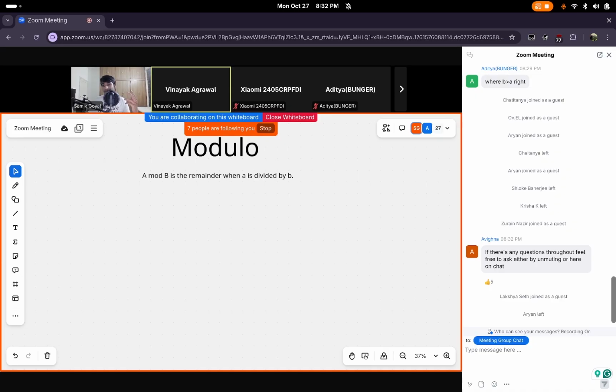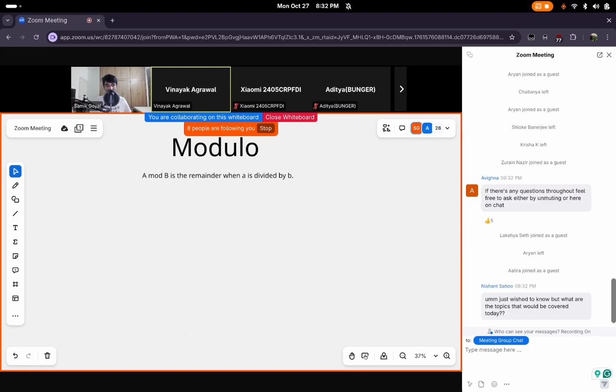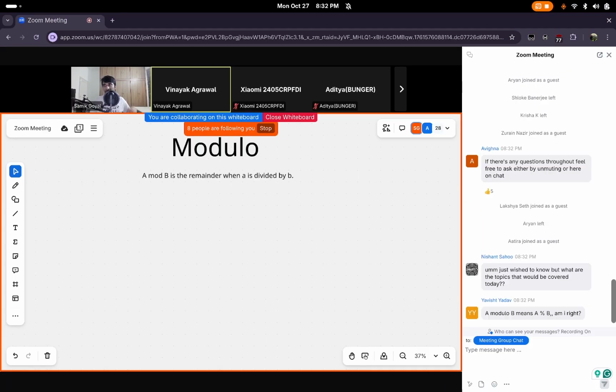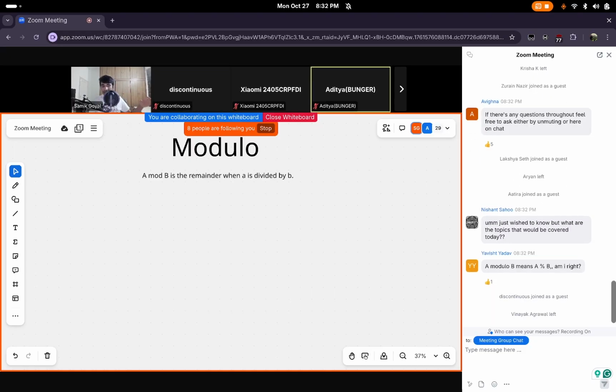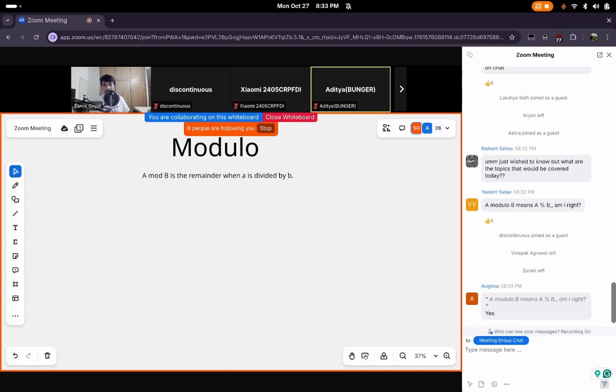So first of all, why should you care? Because you'll find modulo in 5 out of 10 CP problems. And usually what you'll find is at the end of the problem, they'll tell you find the solution to this problem mod some number. And that number is usually going to be 10 to the power 9 plus 7, which is a big prime number.